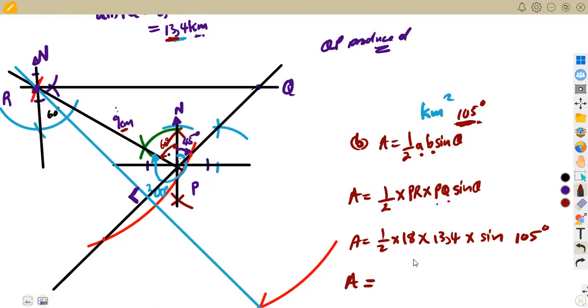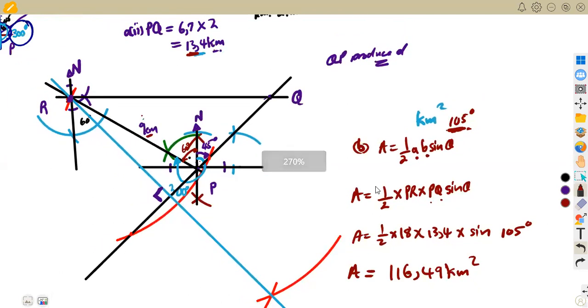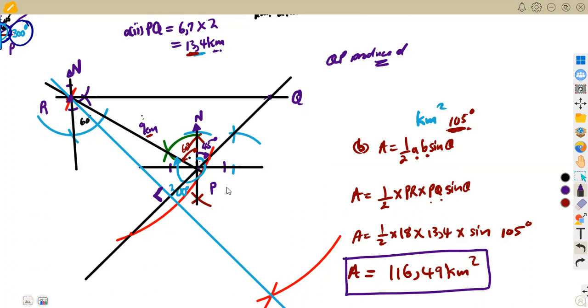According to my values, I'm going to obtain 116.49 square kilometers. Let us know the values that you are also obtaining, so that we can tell if your values are in the required region, within the approximated values that are given, plus or minus. Are we in that same region? That is going to help us.